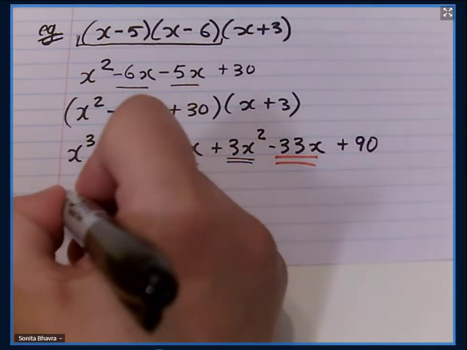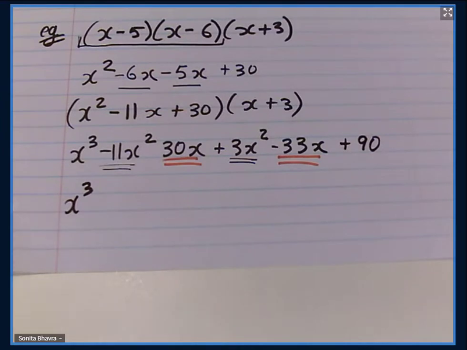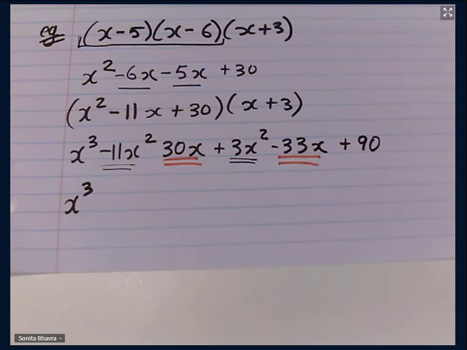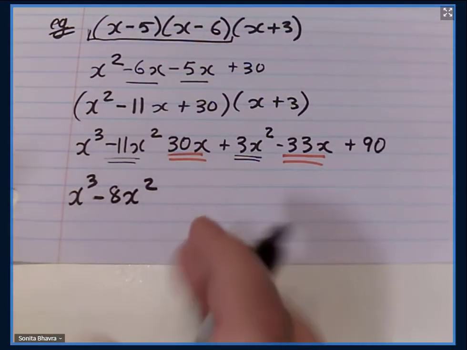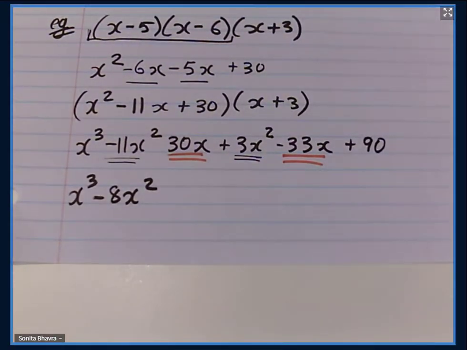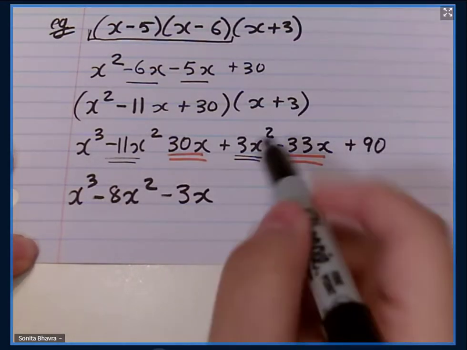All right, so we end up with x cubed, and then we have negative 11 plus 3, which is negative 8x squared. And then we have 30x minus 33x, which is negative 3x. And then we just have the plus 90.